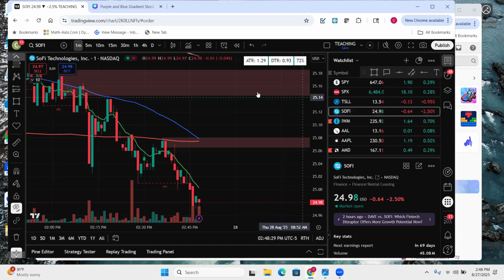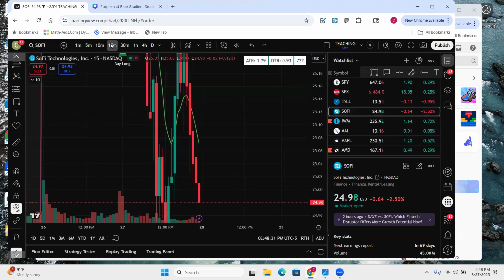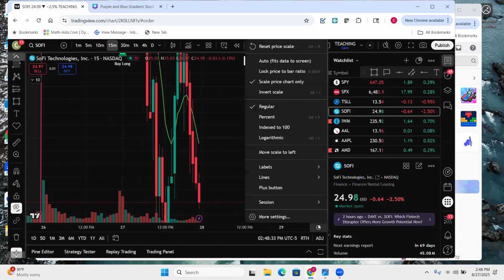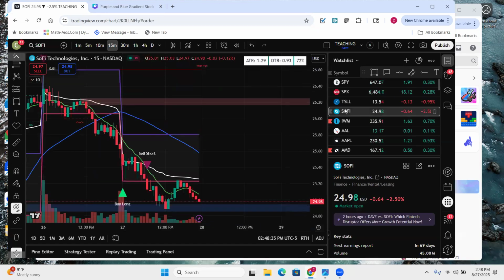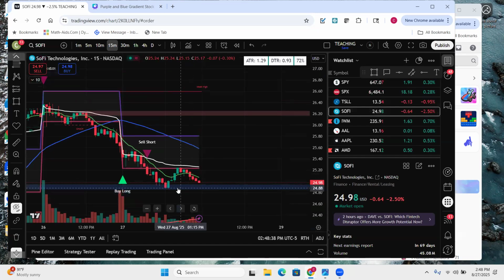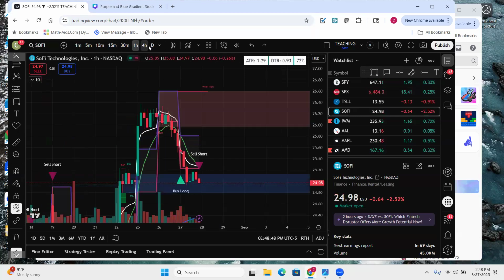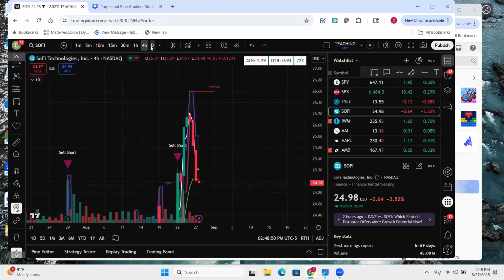But y'all know this is my favorite thing right here. I love SoFi. It's just been a banger since I listened to their earnings call. They're about to double bottom, so I'd let them get back to right here, this 24.90, and then back to the upside. Let's look at them on a 1 hour, 4 hour.